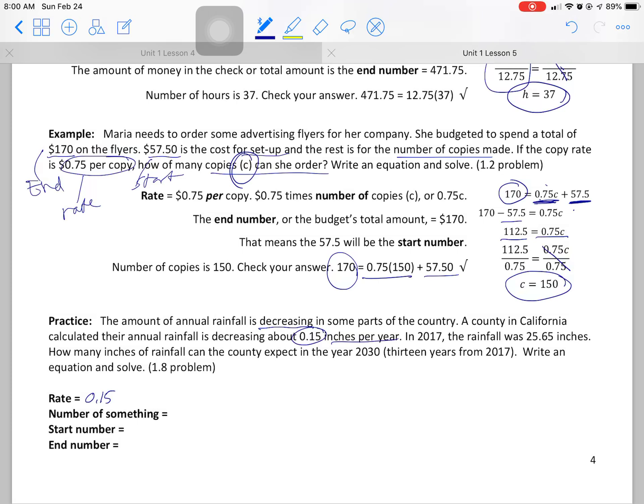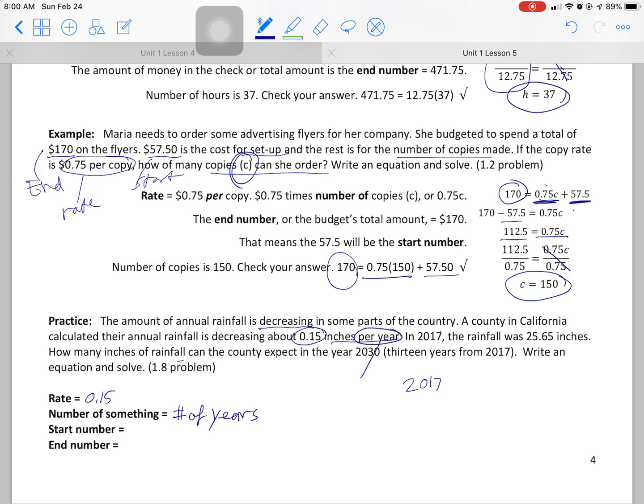So the number of something, well, it says 0.15 inches per year. That's the rate. Where do I find the number of years? Let's find where that is. Well, let's see. There was a lot of year information. There was 2017.